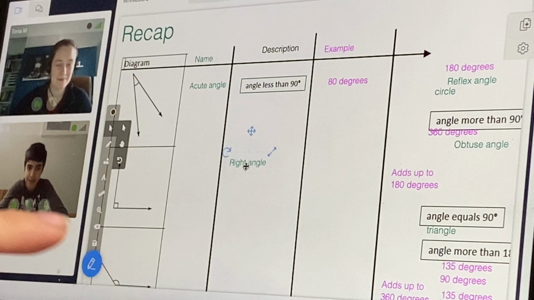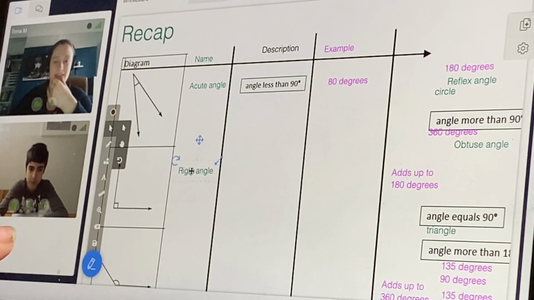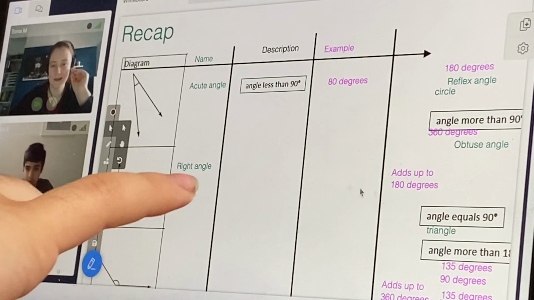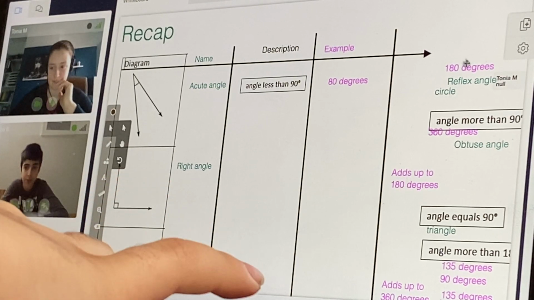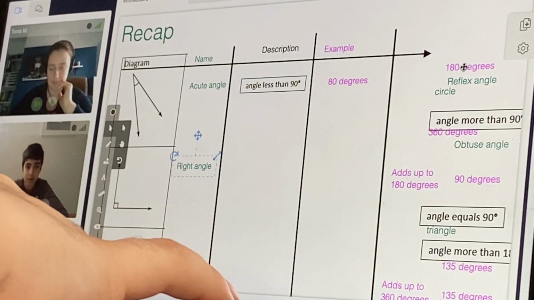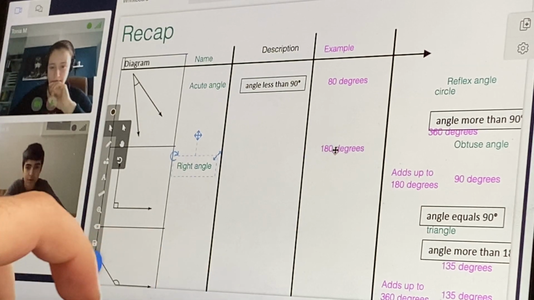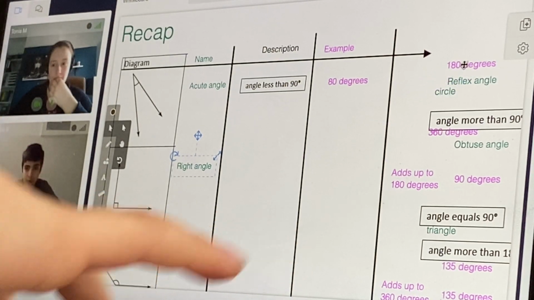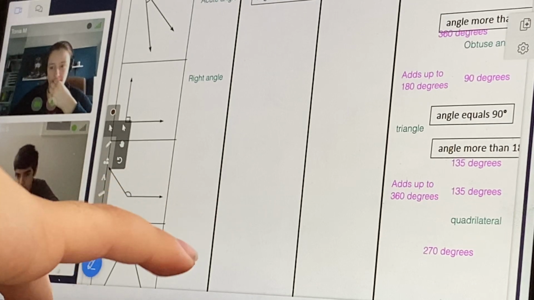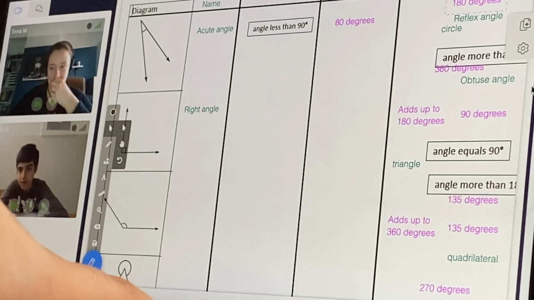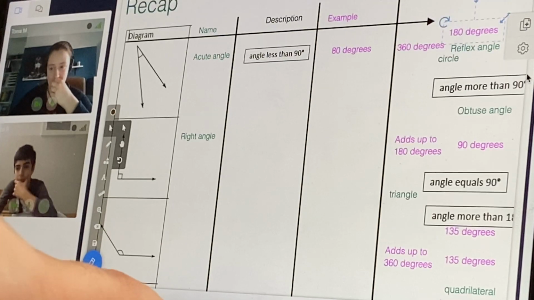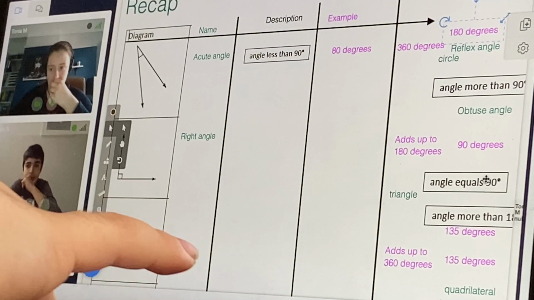This one is the right angle. Yeah, brilliant. Right angle. It's 180 degrees. Are you sure? No, I was talking about the example one. It's 90.